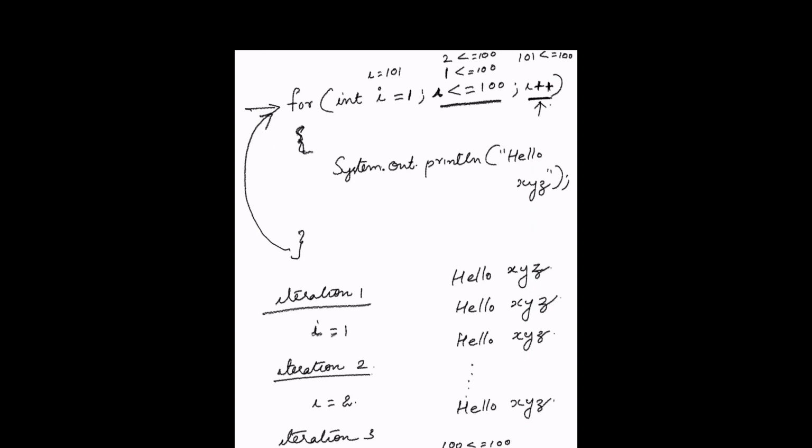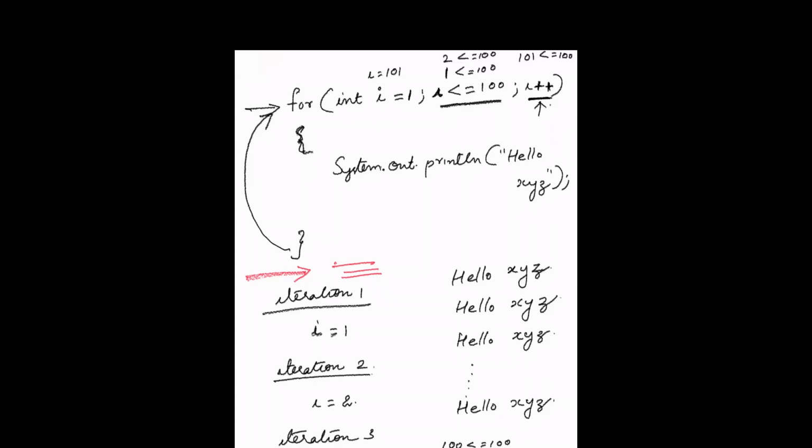When the condition becomes false, the loop won't get executed. The control will come to the statement immediately after the for loop. So if you have written some other statements here, those statements will get executed. The moment the condition becomes false, it won't go inside the for loop.